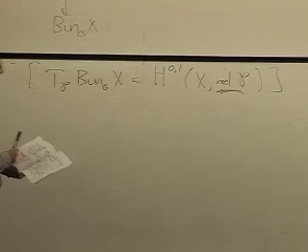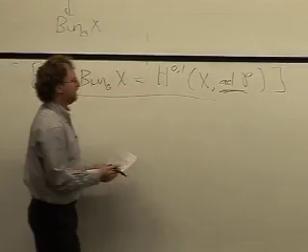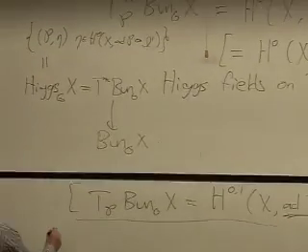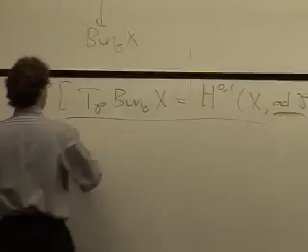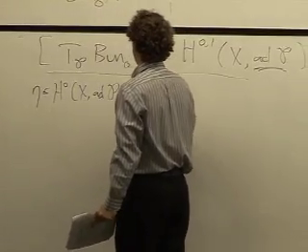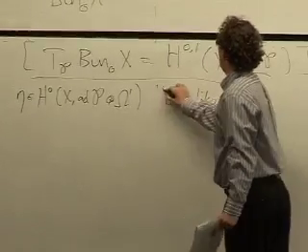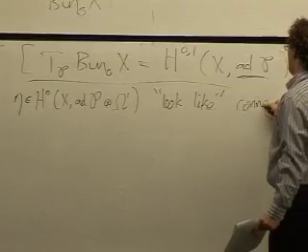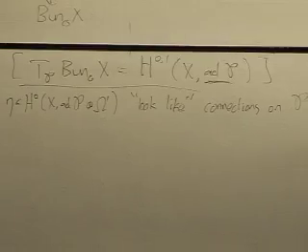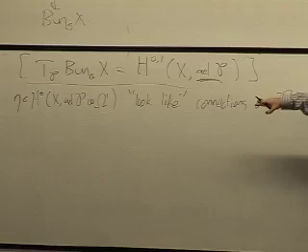So maybe I want to make one more note, is that this space of Higgs bundles, these Higgs fields look a lot like connections. So these eta in H^0 of X, these adjoint valued one forms, they look like connections on P. More precisely, if I take two connections on P, the difference between them is given by such a thing.